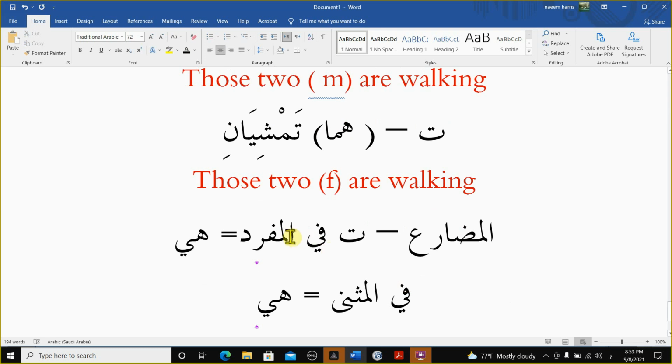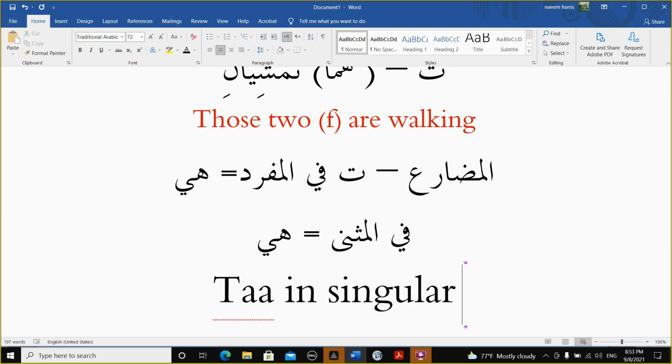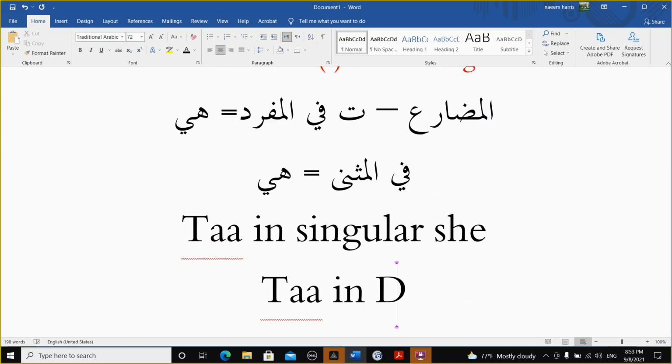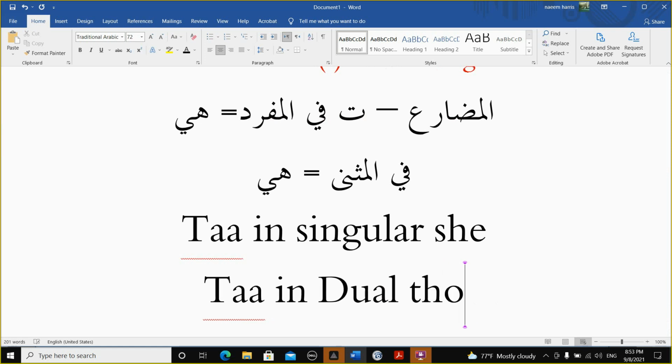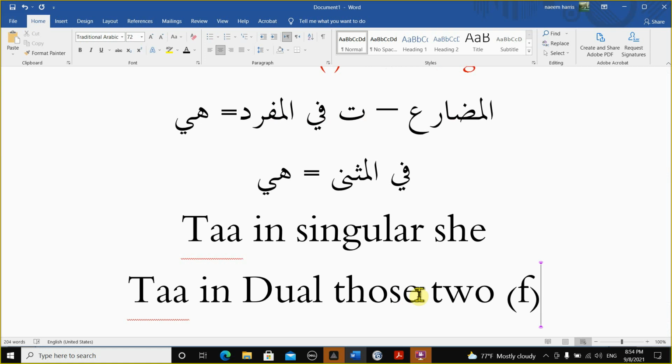The ta in the singular shows her. The ta in the muthanna shows her. So the muthanna is going to be those two.